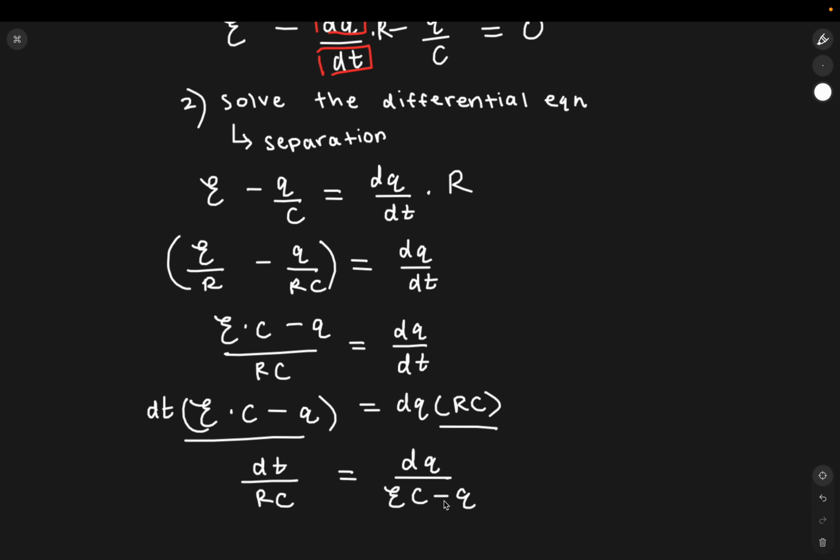Now we are ready to take the integral of both sides. It's going to be a definite integral because we're going to be going from 0 to t for our time, because t is just our time. And here we're going to be going from 0 to q as a function of t.